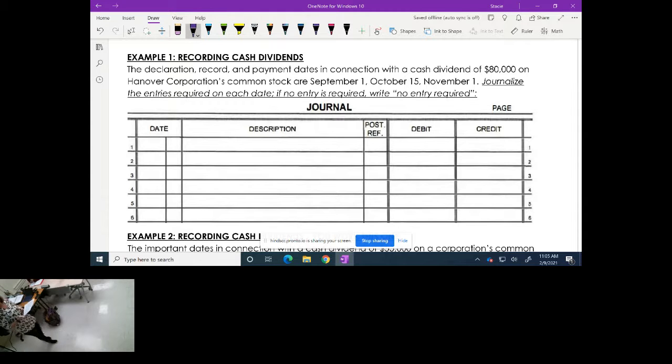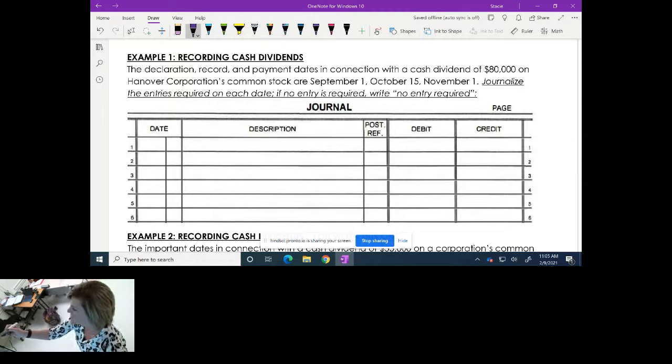They're telling you in the example the declaration, record, and payment dates in connection with the cash dividend of $80,000 on Hanover Corporation's common stock are September 1, October 15, November 1. So they're giving them to you in order. They're going to be in chronological order anyway, because you have to declare the dividend, then you have to have a cutoff date, then you pay it.